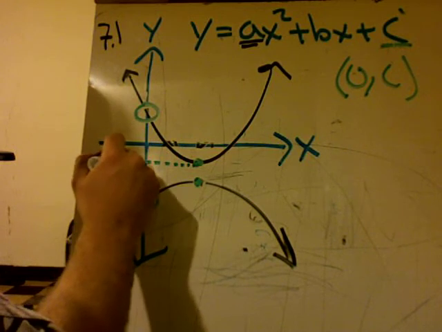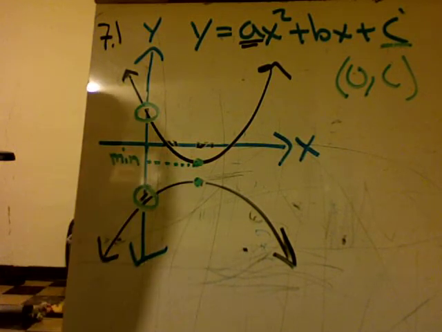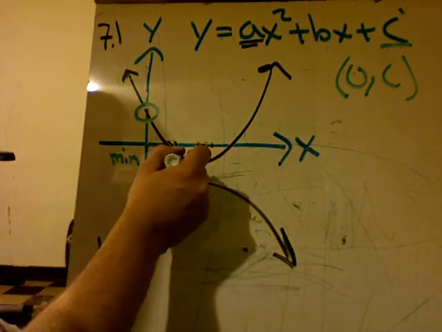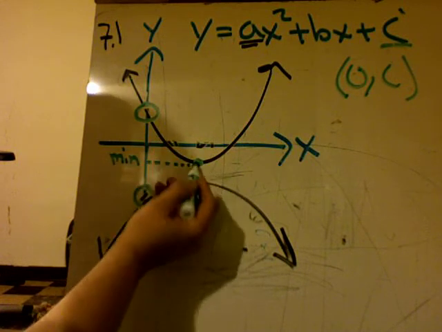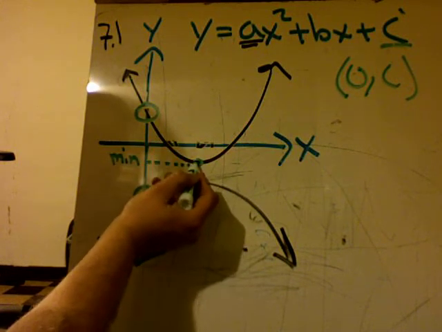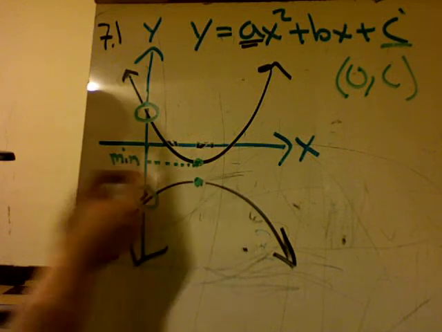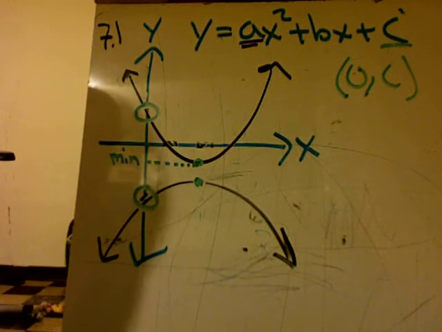Okay? The reason it's a minimum is because our parabola is never going to be smaller than this point right here. It will never be smaller than the minimum. Okay? So if our vertex is a negative 3, we can never have a y value below the negative 3.